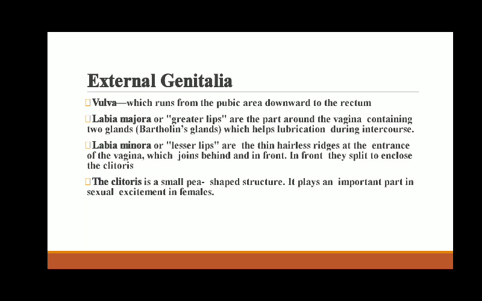Third, labia minora or lesser lips, are the thin hairless ridges at the entrance of the vagina which join behind and in front. In front, they split to enclose the clitoris. Next part is the clitoris, a small pea-shaped structure, and it plays an important part in sexual excitement in females.